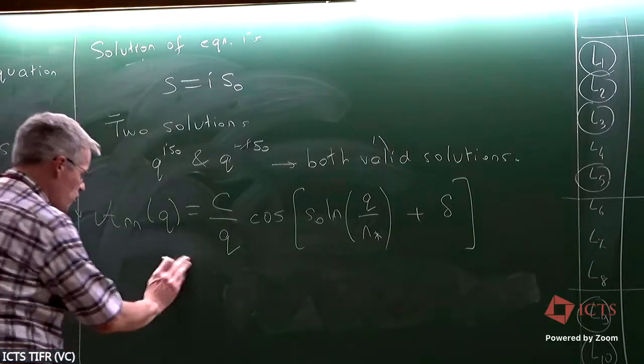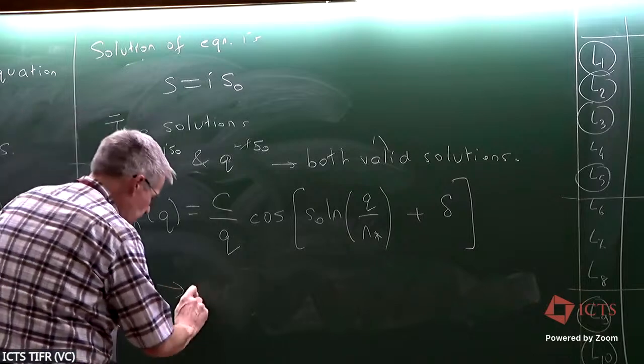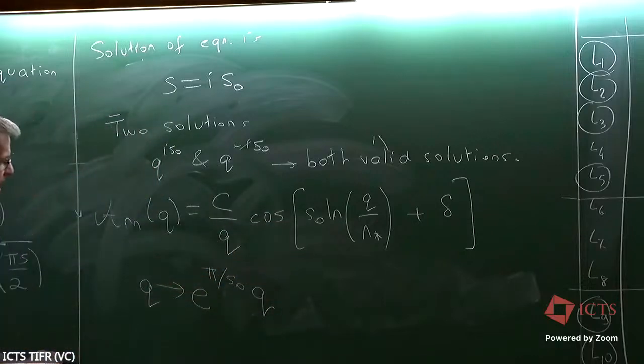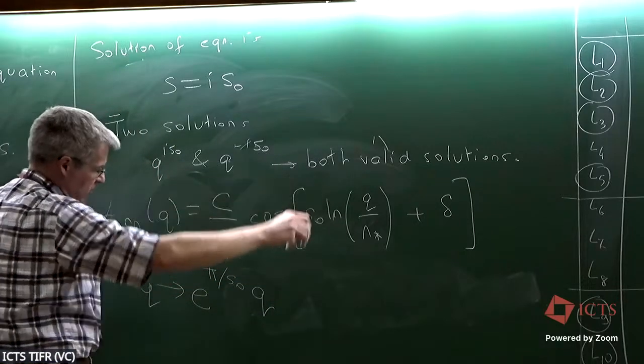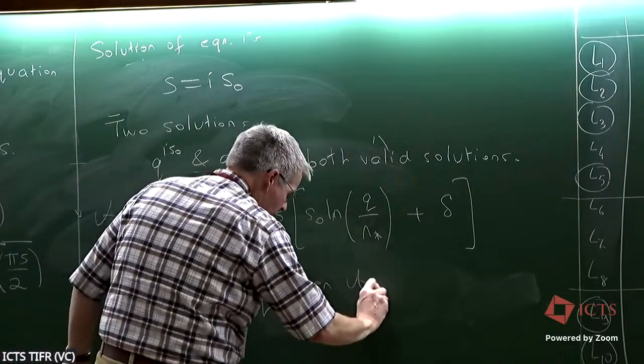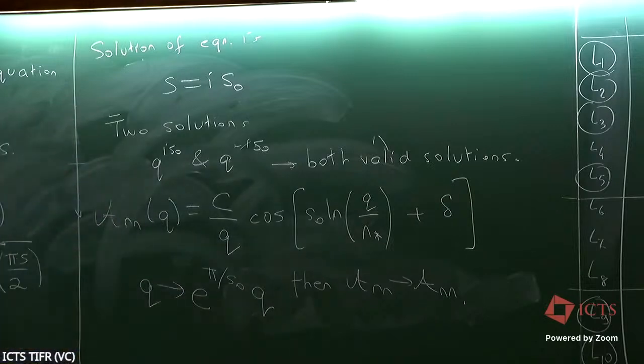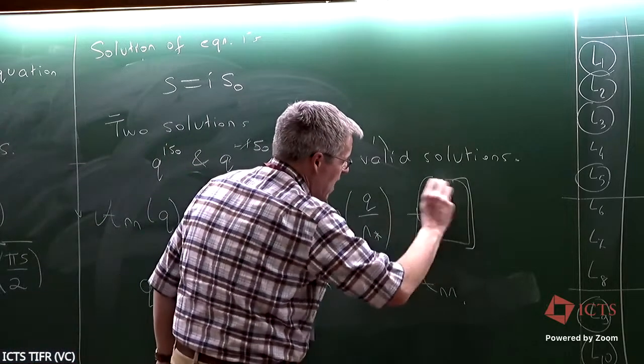Yeah, so if q goes to e^(pi/s_0) q, then the solution goes to itself. So this thing has a discrete scaling symmetry. So the twist in the tail that I referred to is the tail of the wave function, at least the tail of the wave function in momentum space. And you need some piece of information to fix the phase.